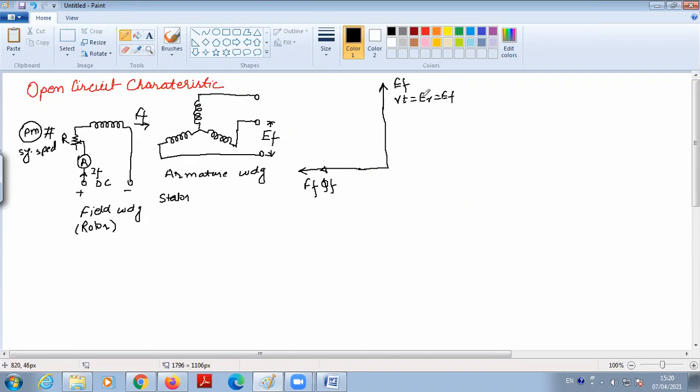So there is no armature reaction. Current is not flowing in the armature winding, so there is no question of armature resistance drop, leakage reactance drop, or armature reaction drop. Whatever EMF is induced in the field winding is going to appear across the open circuit terminals, isn't it?